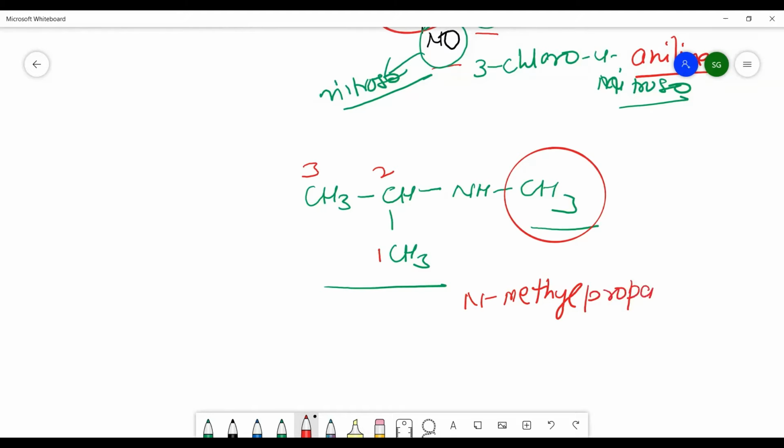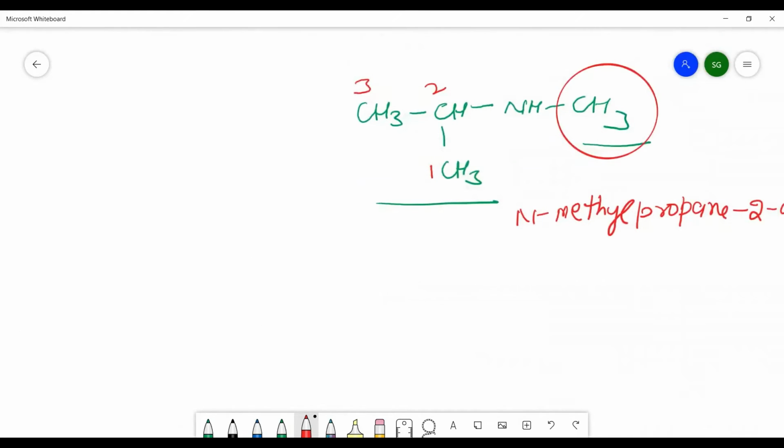So propane-2-amine. So if 2 CH3 groups are there, it will become N,N-dimethyl, and the longest chain will go along with this NH2 group.